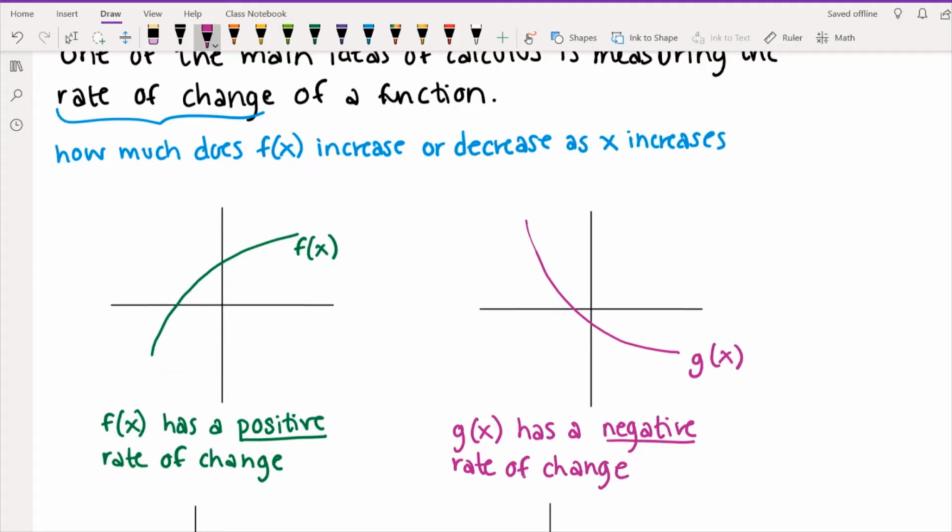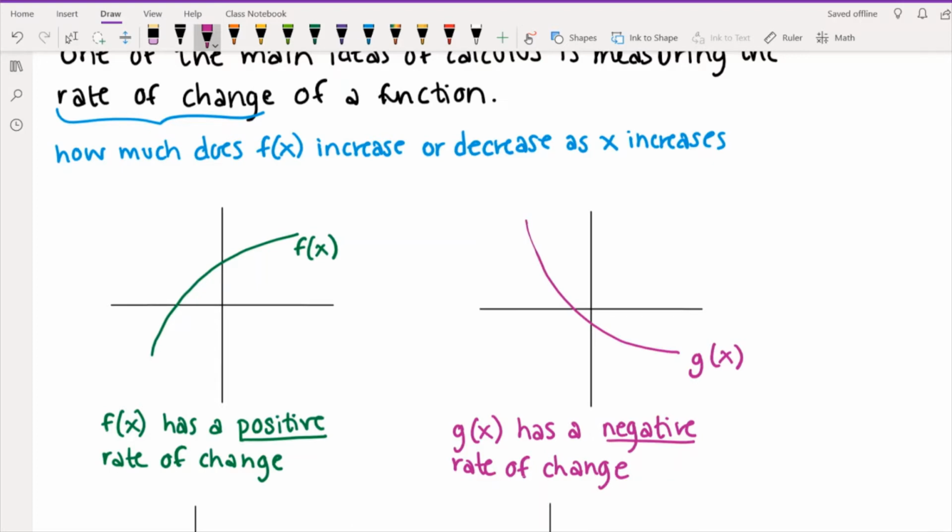We'll get a little bit more into this later, but why are rates of change important? Because they come up a lot in the real world. For example, if you're looking at how far someone has traveled as time goes on, the rate of change is going to be their speed, right? Or if you have a graph of the temperature as time goes on, the rate of change is going to tell you, is the temperature going up?